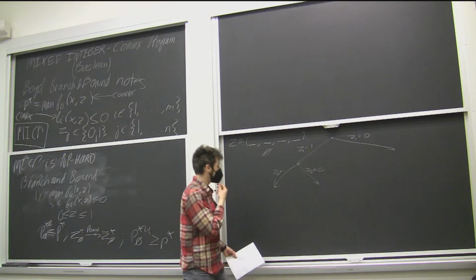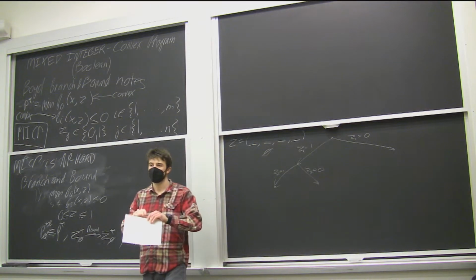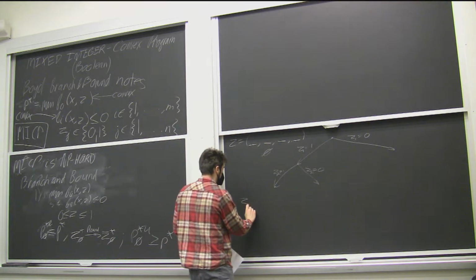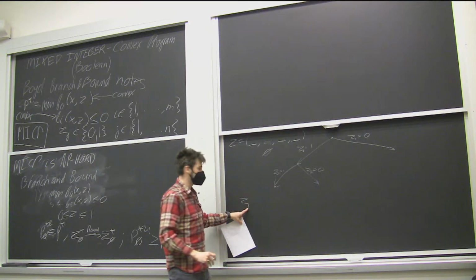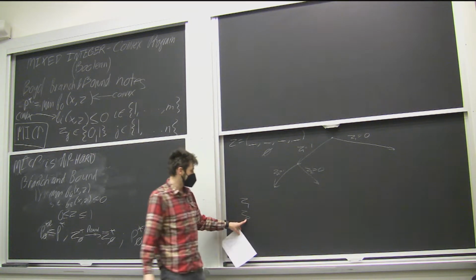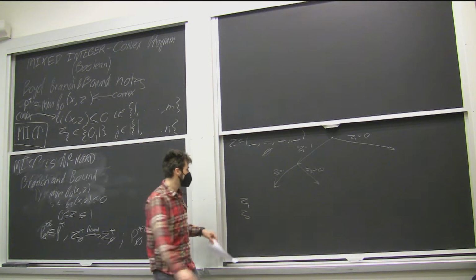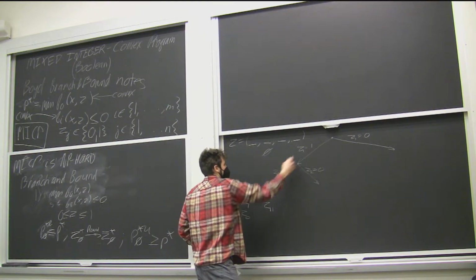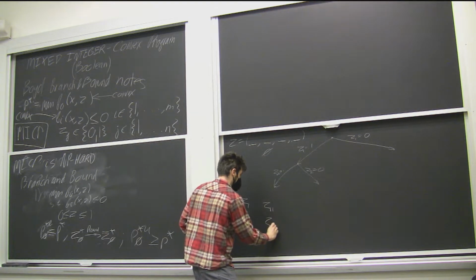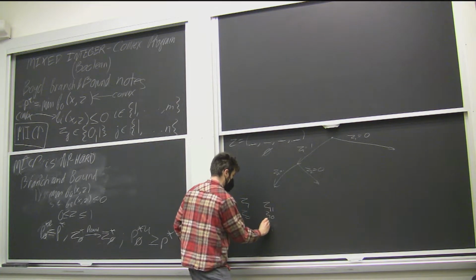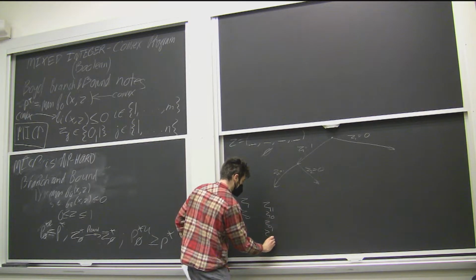The notation I'm going to use to build up the indices as I fix them is: z1 means the first index is fixed to 1, z0 means the first index is fixed to 0, z11 means I have two ones, or z10, z01, z00.